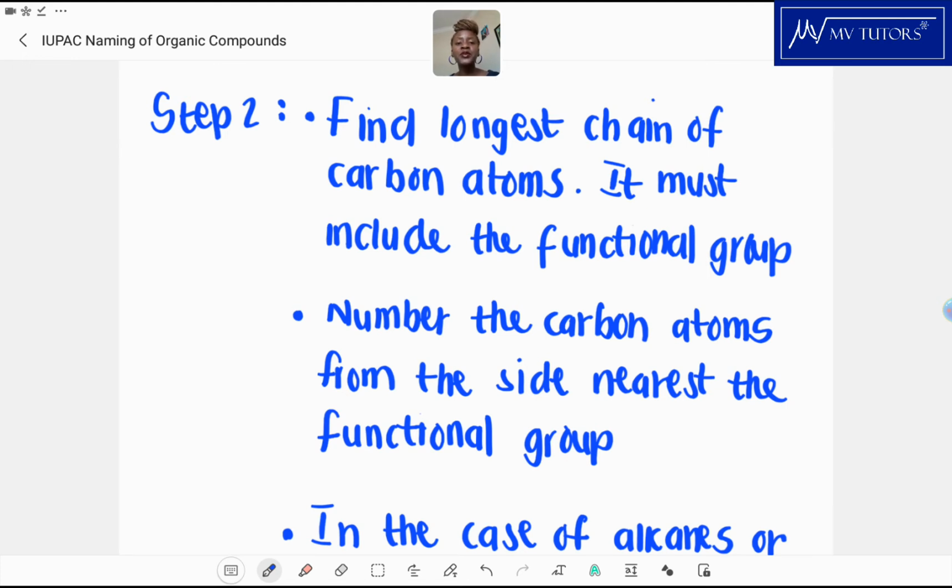You start numbering from the side with the nearest functional group. That's where you start. So if you have an alkene, which will be a double bond, wherever your double bond is, start numbering from there, or if your end carbon is closer to the double bond, you start numbering from there.